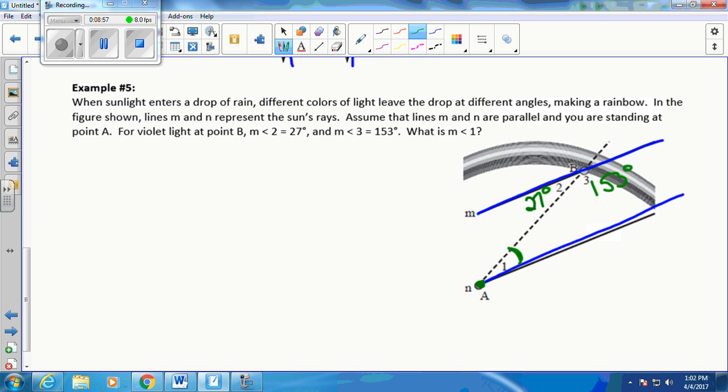Well, angle 1 definitely appears to be an acute angle, and the only angle out of measures 2 and 3 that is acute as well would be 27. But if you notice, angle 1 and angle 2 are both inside the blue lines, and they are on opposite sides of this transversal right here, so that means that they are congruent. So I would say 27 degrees.